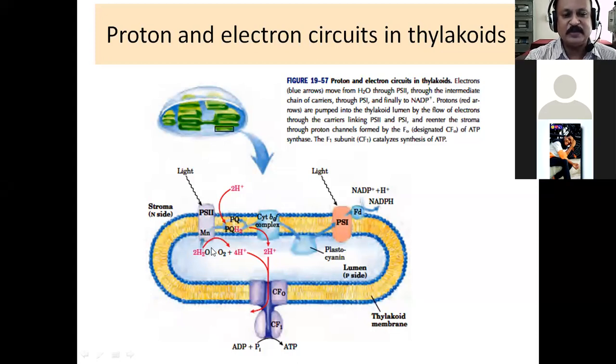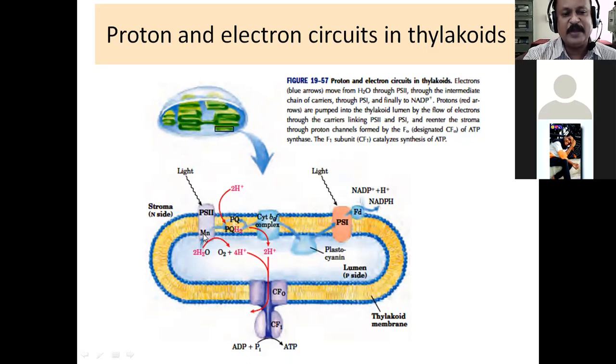Then you will see here the water molecule is getting split, H2O. This water comes from the lumen of the thylakoid, that is the inner space of the thylakoid. Then the electrons go through the Mn, can you see that Mn here? That is part of the water splitting complex.